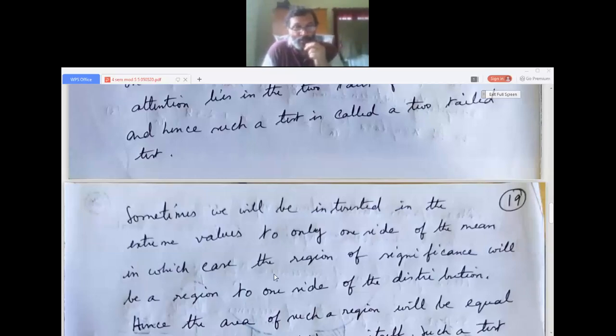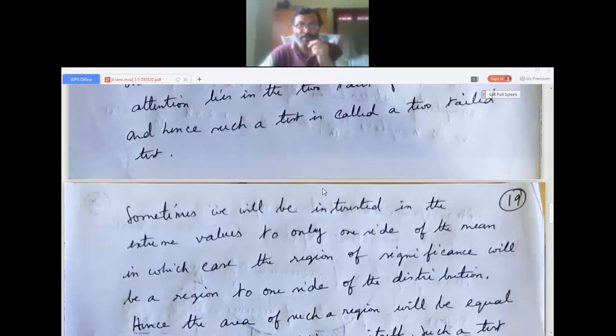Suppose we consider only one side of the mean, that is, one side of the graph.